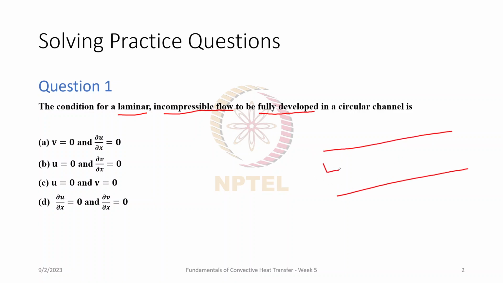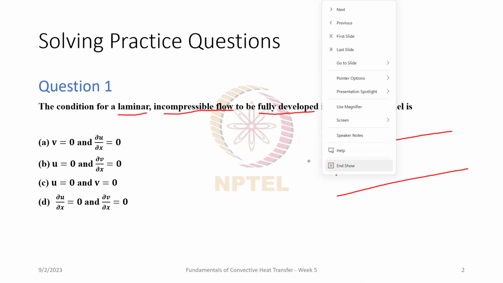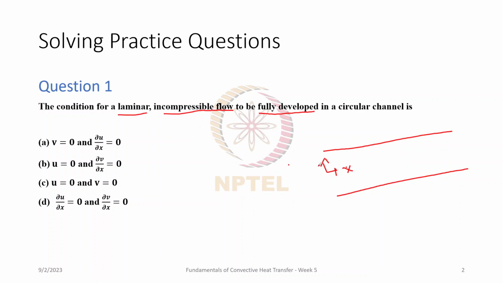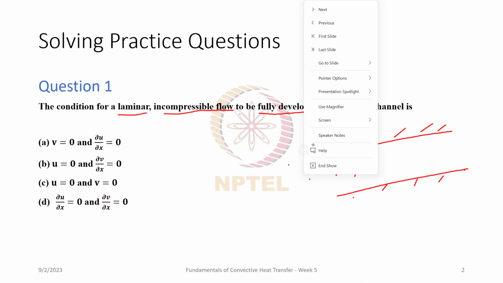X is the axial direction in this circular channel, and Y is the transverse direction. This is the channel that we have, and U is the flow in the X direction, and V is the flow in the Y direction.